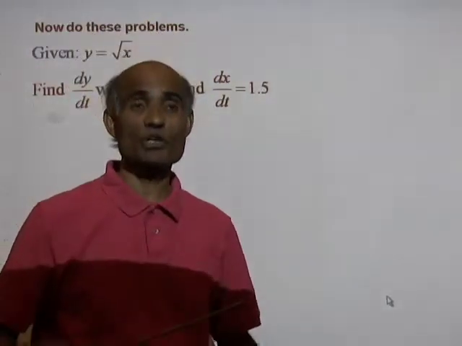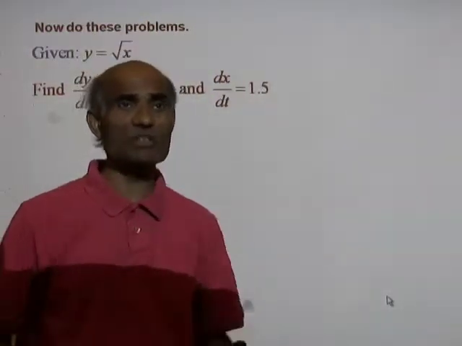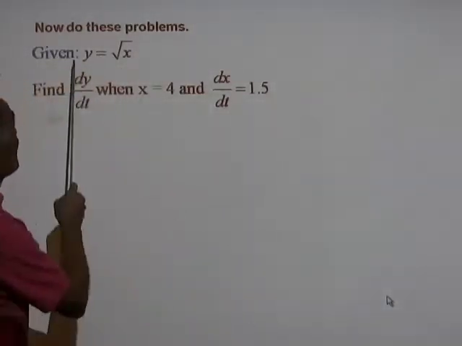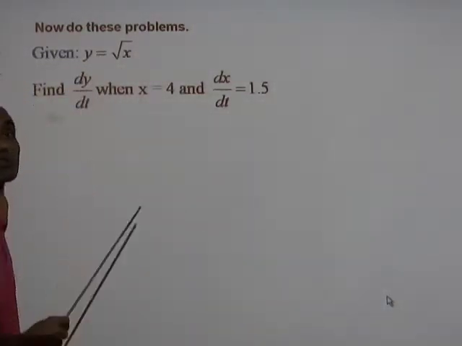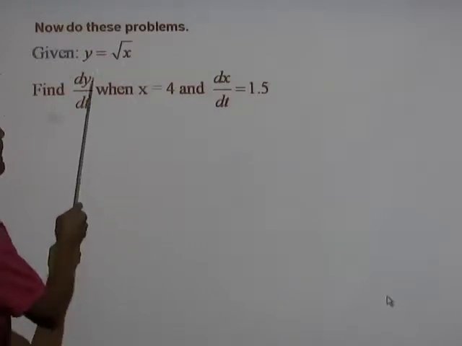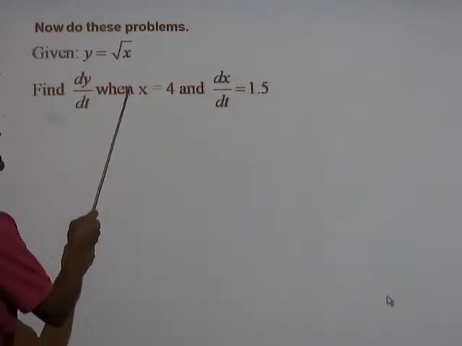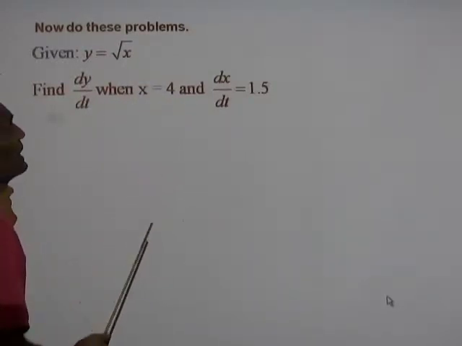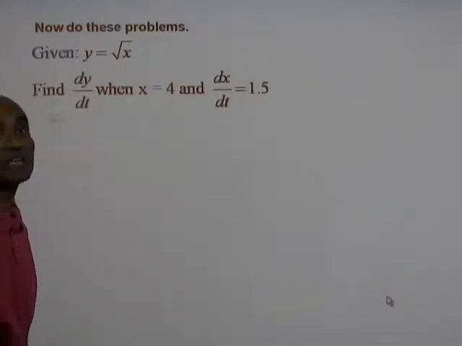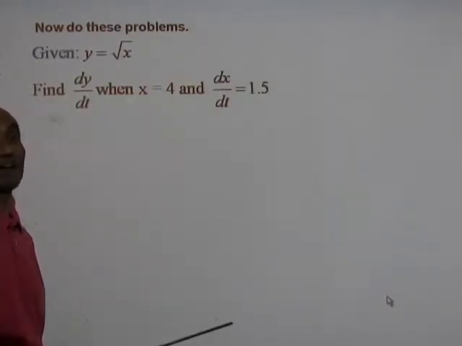Now, before we go any further, I want you to stop the video and do a couple of problems on your own. Make sure that you understand these concepts. Given that y equal to square root of x, find dy by dt when x equal to 4 and dx by dt equal to 1.5.